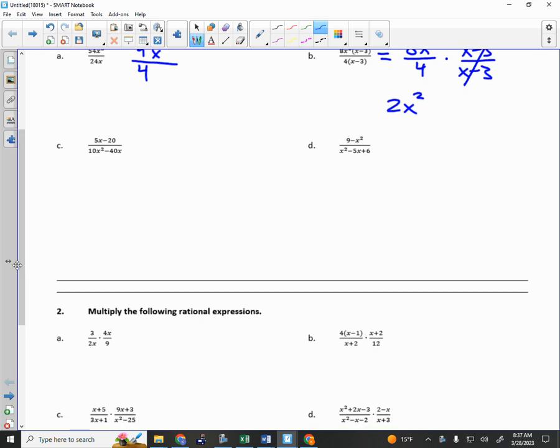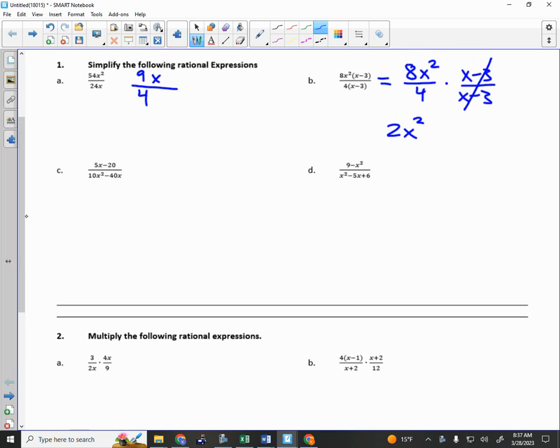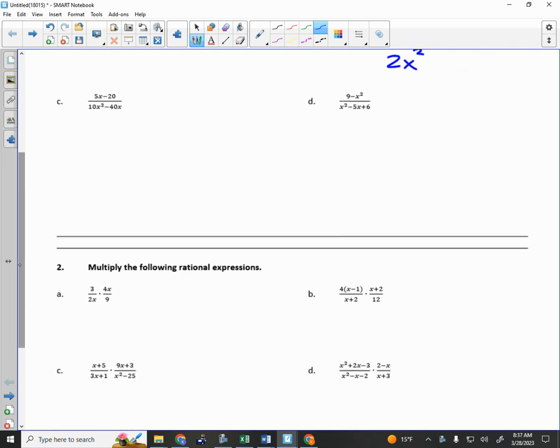Now in letter C, it's different because it's not written in factored form. Before you simplify, you must write it in factored form. So what can you factor out of 5x minus 20? You can factor out 5. And you're left with x minus 4. What can you factor out of 10x squared minus 40x? 10x.